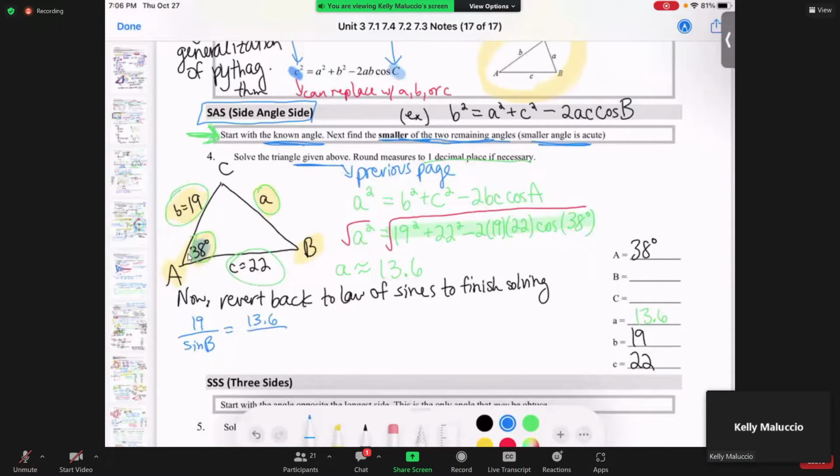And you would want to use all 4 decimal places if you had to, like for your homework, over sine of 38 degrees. So for this, you could cross multiply or do the little trick where I multiply these and divide by the 13.6. So I get sine of B is 19 sine of 38 degrees divided by 13.6.